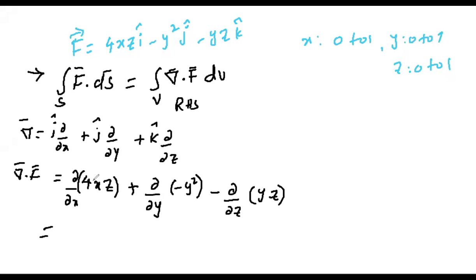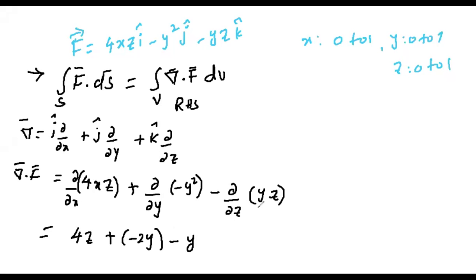Here I have to differentiate only with respect to x, so I'm going to get 4z. Then minus 2y, since the derivative of y squared is 2y. The remaining two are constants, so here I'm going to get only y.